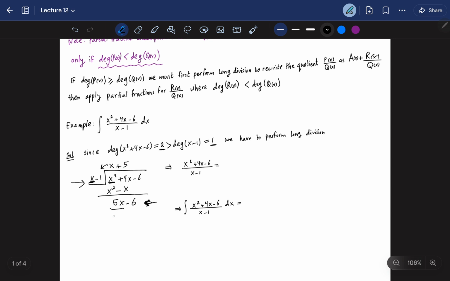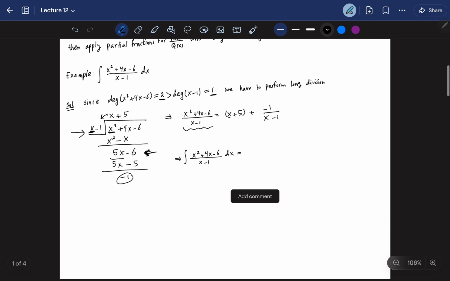You multiply, you get 5x minus 5, and then you subtract them. So this is 0, then -6 minus -5, that's -6 plus 5, which is just -1. Which means I can write my function as x plus 5 plus the remainder, -1 over x minus 1.